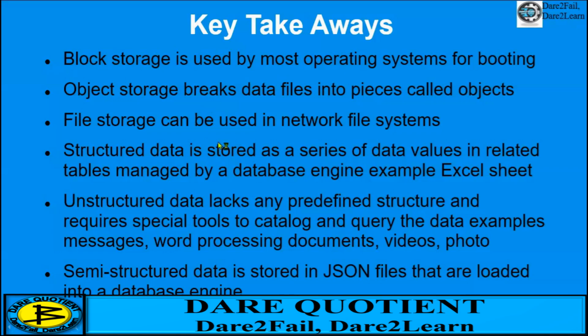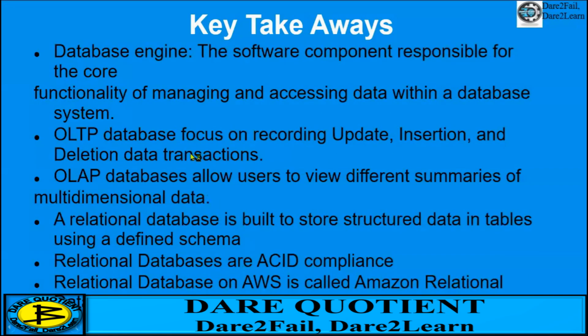And we saw that we have the database, which is an organized collection of data that is stored electronically. And we saw that to manage or control the database, you use the database management system. A combination of the database and the database management system is referred to as the database system.